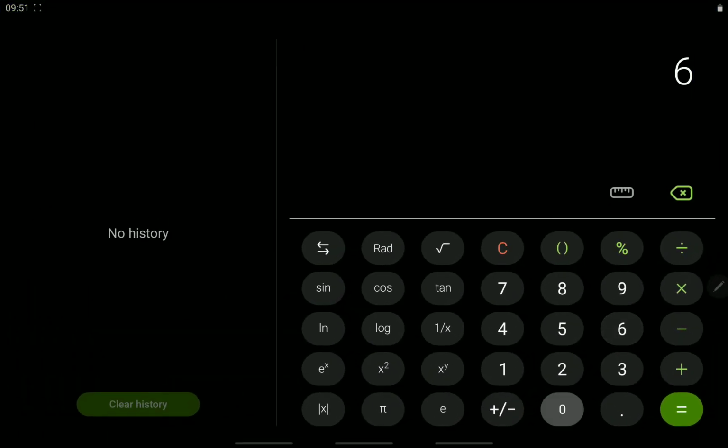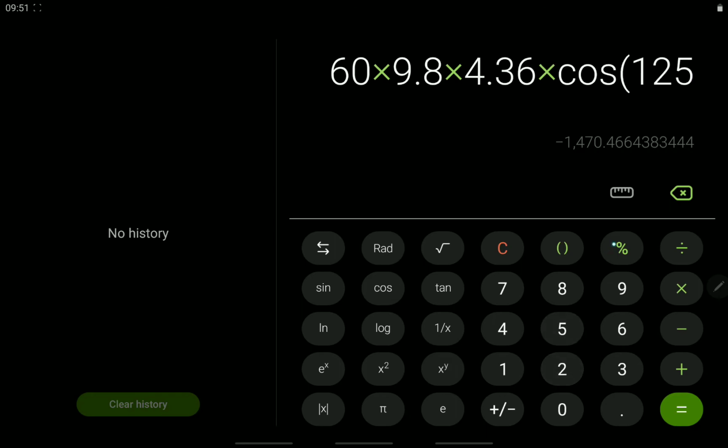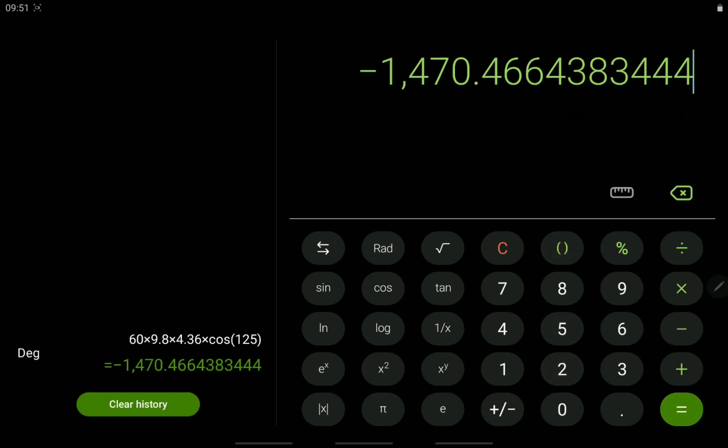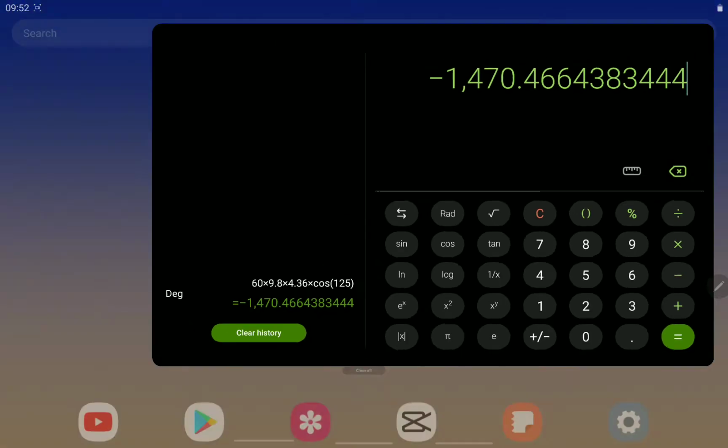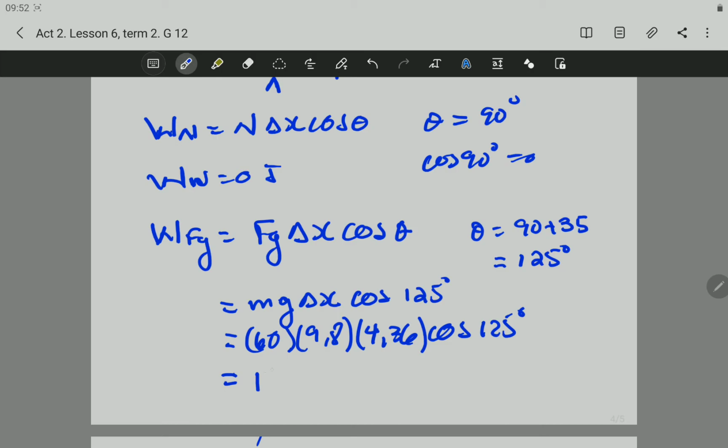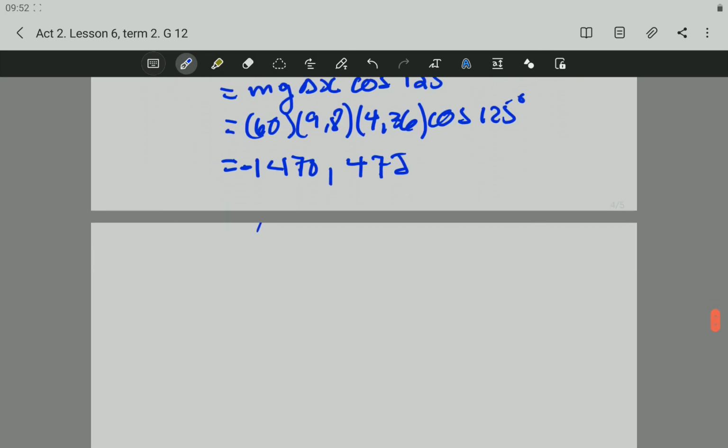It is 60 multiplied by 9,8 multiplied by 4,36 multiplied by the cos of 125 degrees, and this is equal to minus 1470,47 joules, also negative. Okay, so now we have the work done by each of the forces.